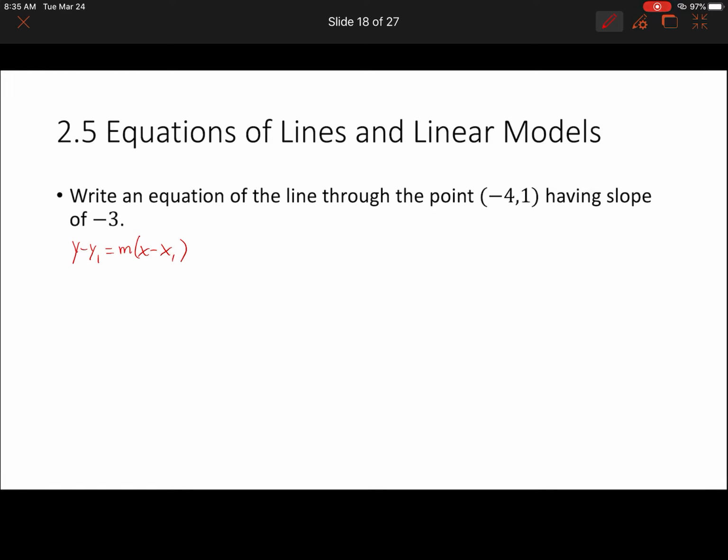You don't have to rewrite that every time. I'm writing it just so you can see it on the screen. We're going to take our point and our slope and substitute that in. And so we have y minus 1 equals -3 times (x minus -4). And again, that minus and negative can become positive.